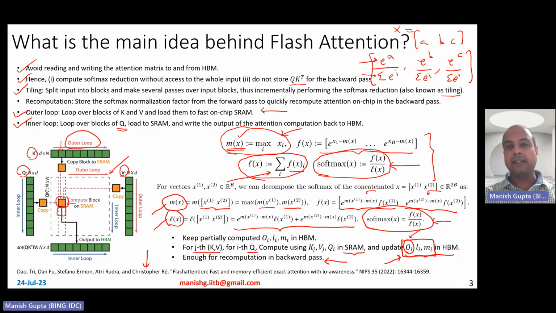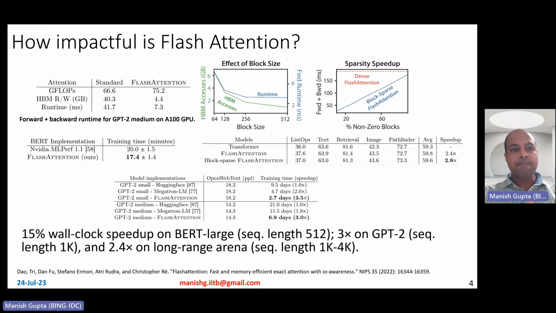But the nice part is that saving on the memory and on these reads and writes to HBM helps you offset the extra computation needed to recompute your QK transpose values from O_i, L_i, and M_i in the backward pass.